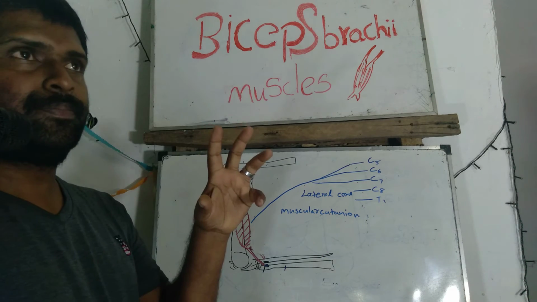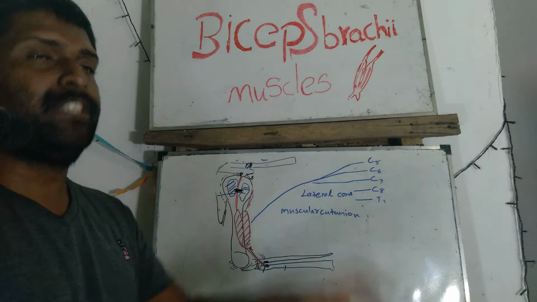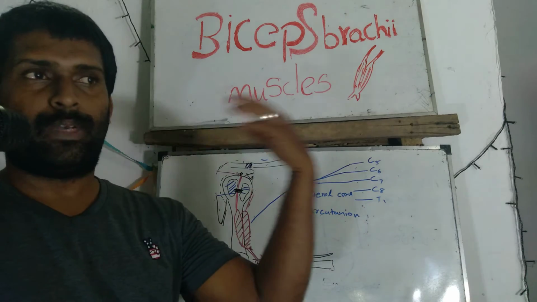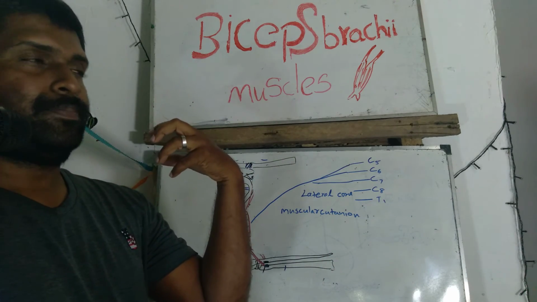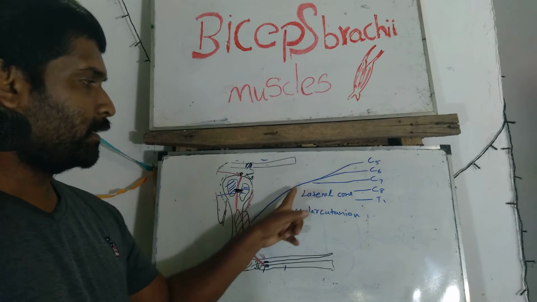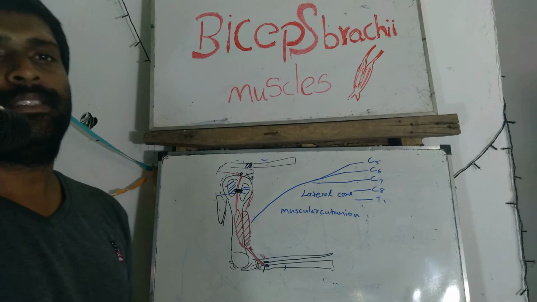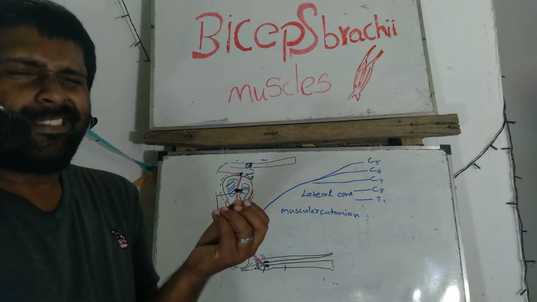When the muscle does some form of activity, the hand moves like this or like that. This nerve stimulates the biceps brachii muscle. How is it stimulated?